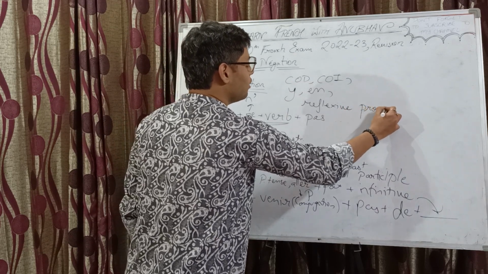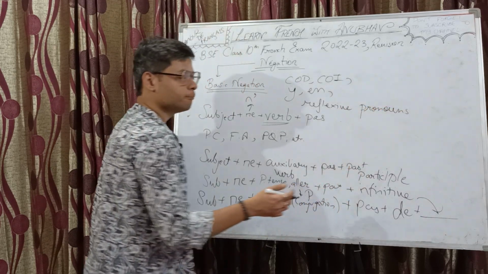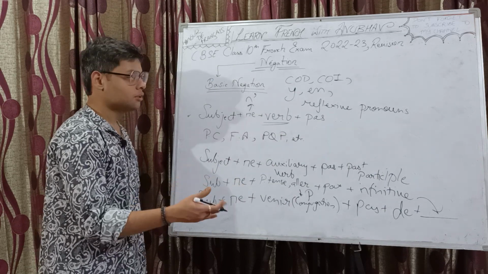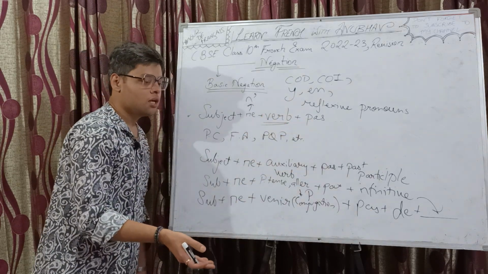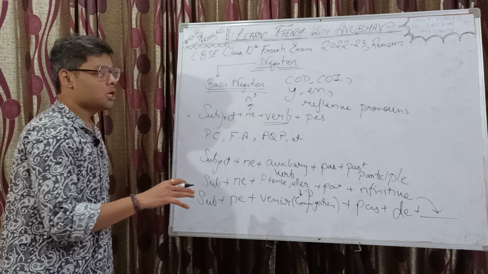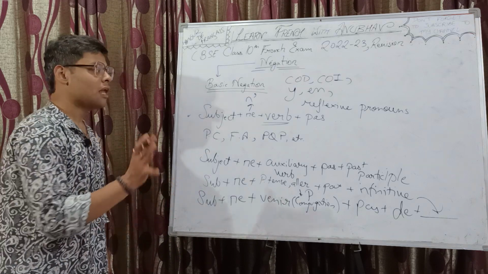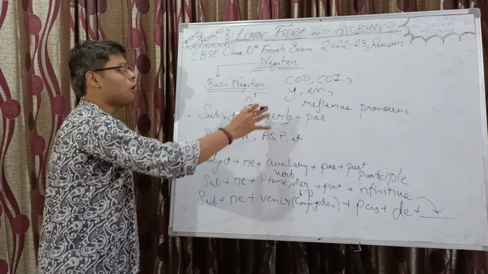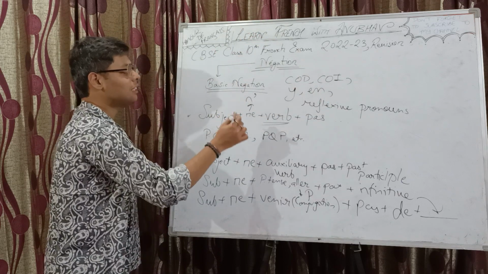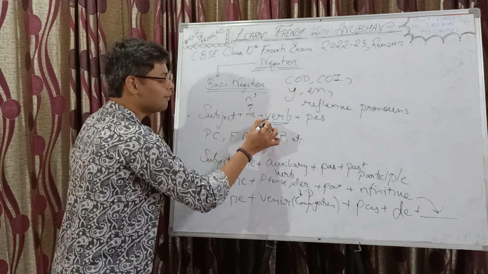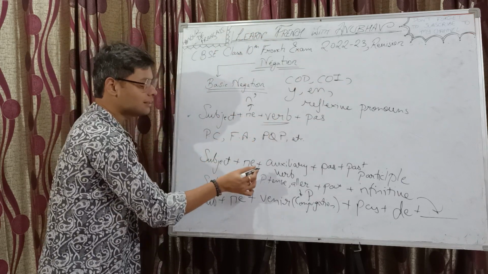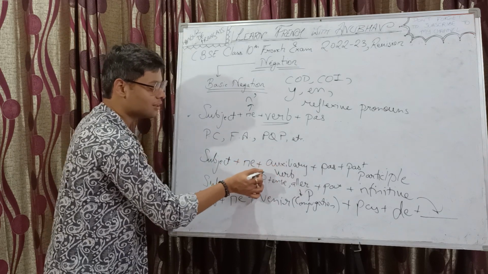For example, "tu m'as dit," you said to me. That's a reflexive pronoun in general. So what to do in this case? All these pronouns will be accommodated after ne and before the verb, in this case before the auxiliary verb.